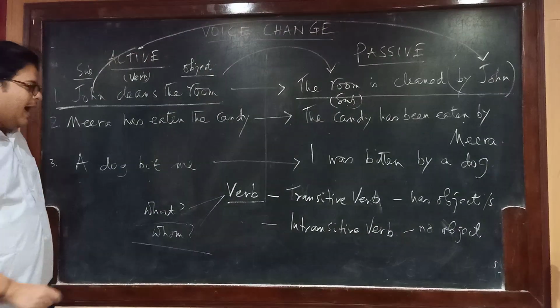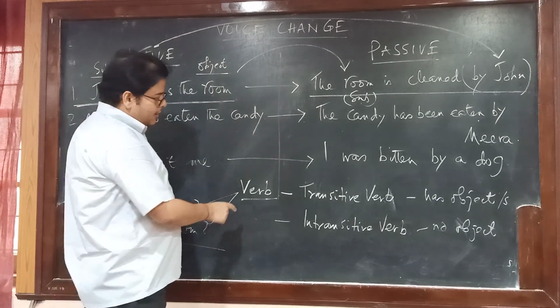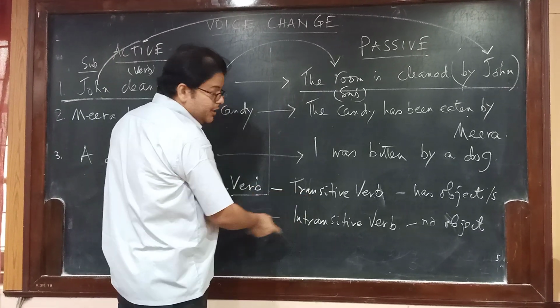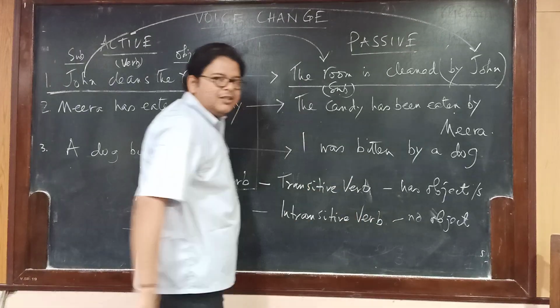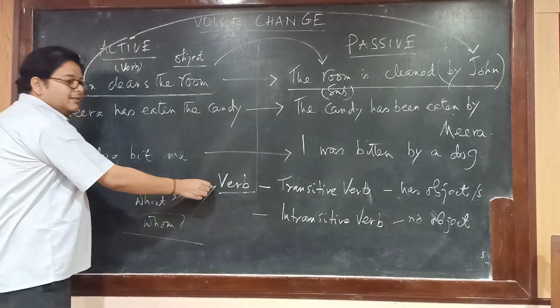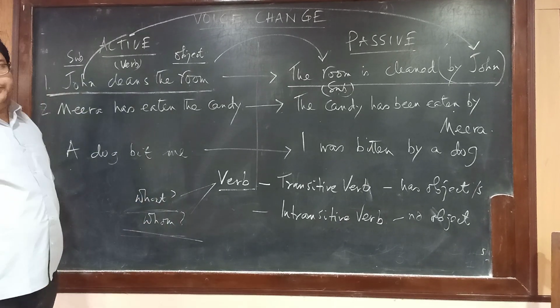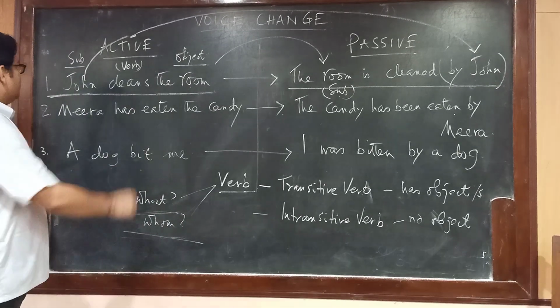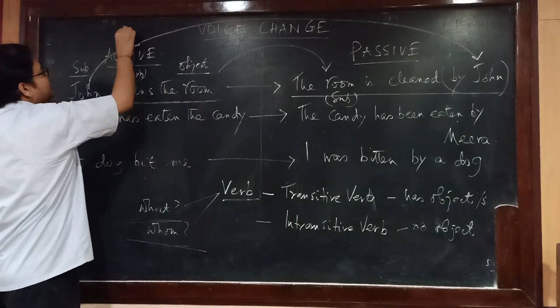So I repeat, how to know if a verb is transitive or intransitive, that is, if a verb has an object or does not have an object: simply ask the verb these two questions, what and whom. Let's try it here. John cleans the room. This is the verb. Ask what?